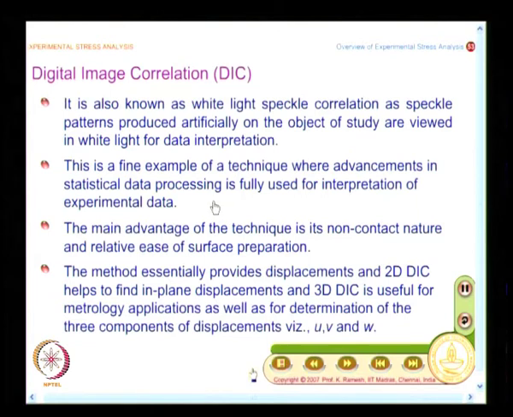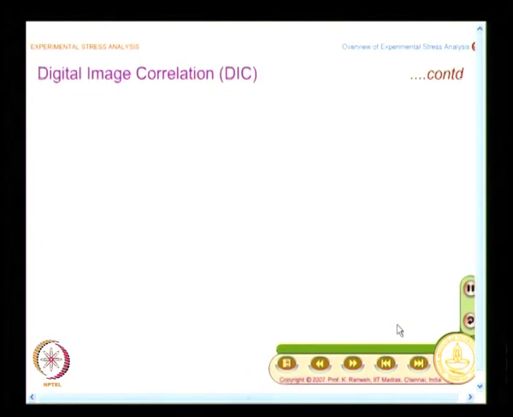Here more number crunching is done, and when you go to 3D DIC, you have stereoscopic images recorded with 2 cameras, and calibration is very intensive, and people have developed proprietary software to do the calibration. So, the technique is emerging, that is the way you have to look at it.